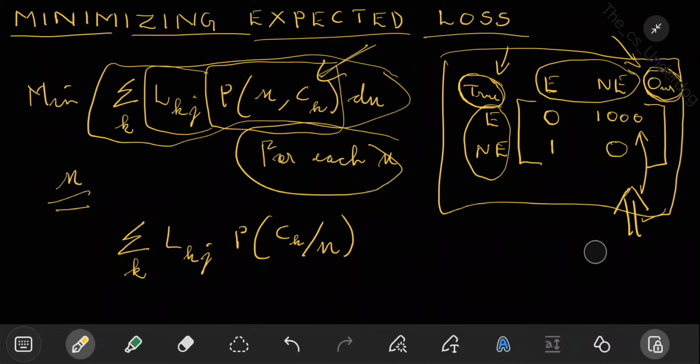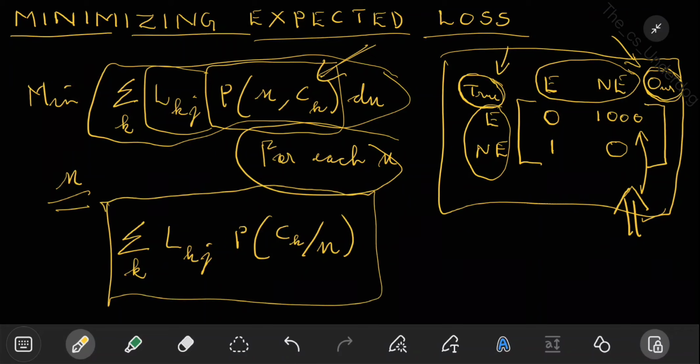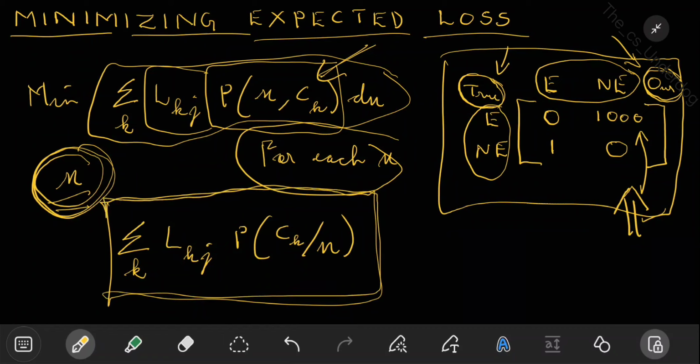So the posterior is what is different for different classes. So if you take just this term, for each input value of x you consider that class that will minimize this summation of loss into posterior. If it minimizes this summation, that is the class you have to assign.